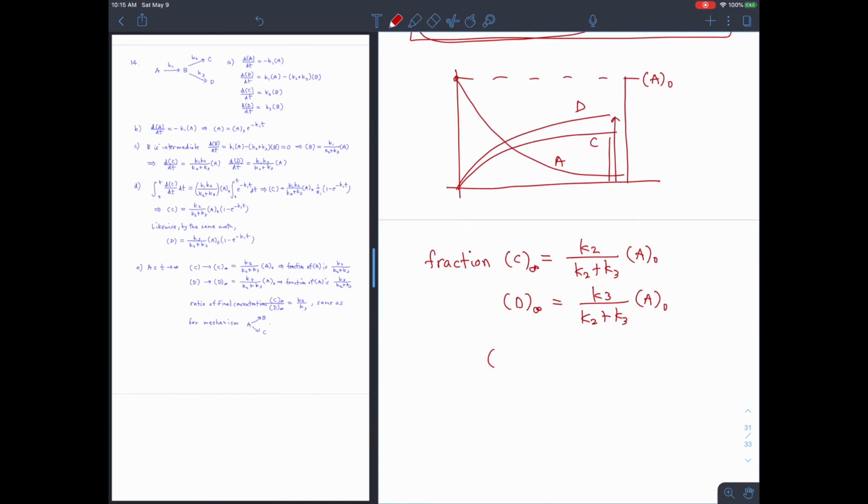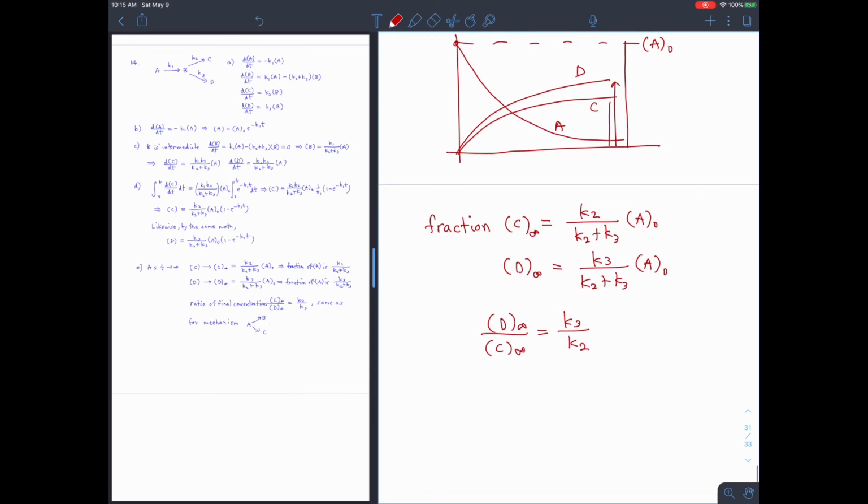If we take the ratio between those two, that's just equal to K3 over K2, which is exactly the same law that we got earlier for the simple branched mechanism alone.